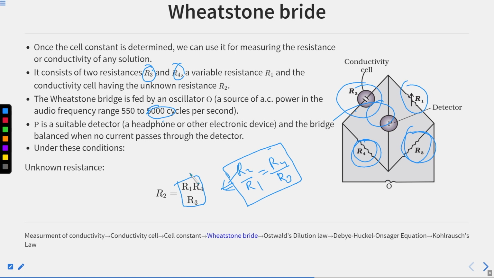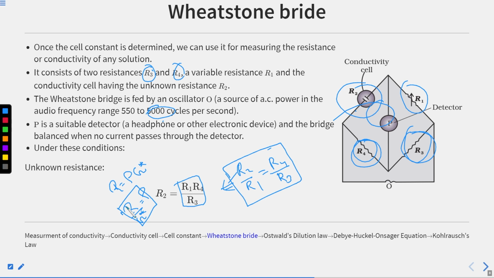When we are done with R2, we get our resistance. We know that R is equal to rho G star, and G star is constant for a given electrolyte. Therefore R by G star is equal to rho. So this is our thing for the Wheatstone bridge.